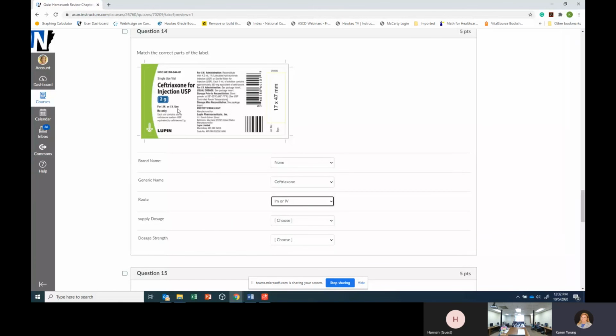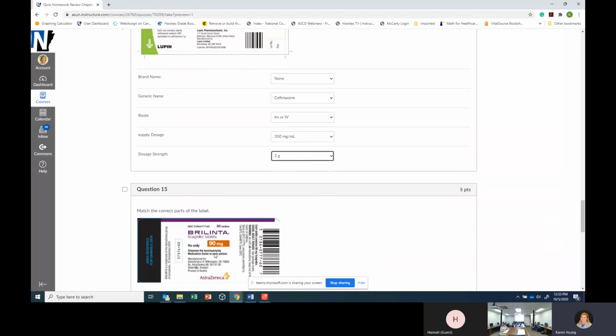Don't get the supply dosage confused with the 2 grams. Go up here in the fine print. Each 1 milliliter solution contains approximately 350 milligrams equivalent of the ceftriaxone. So it's 350 milligrams per milliliter. And then my dosage strength would be the 2 grams. Okay. So it's just a simple matching.